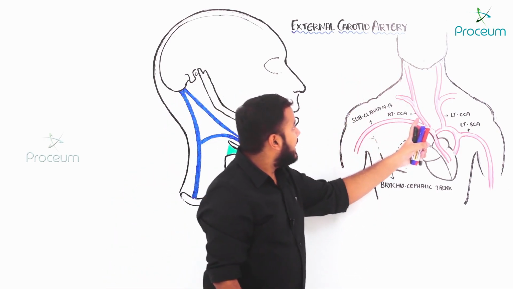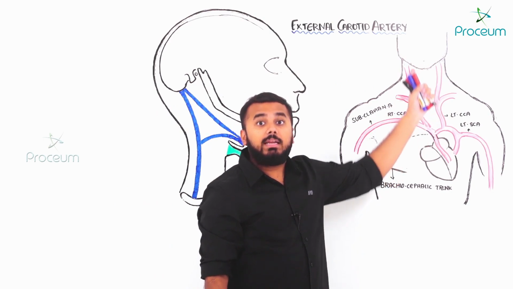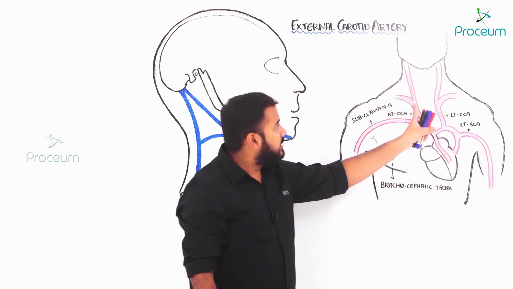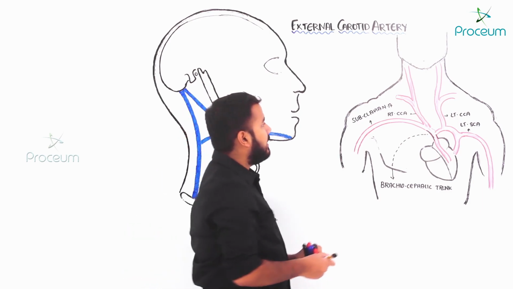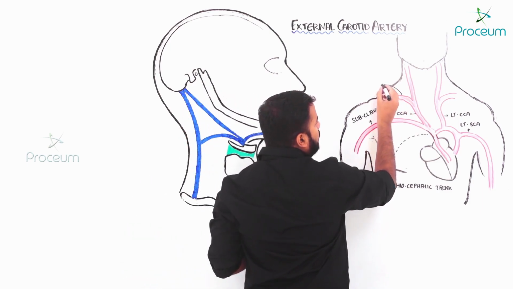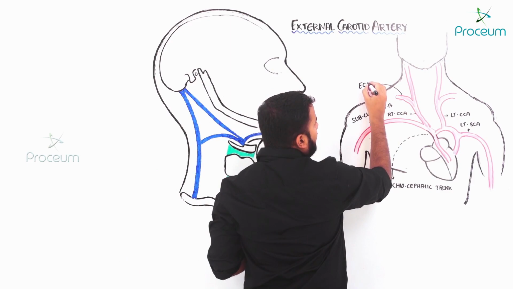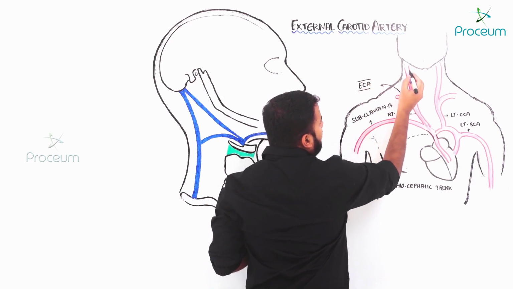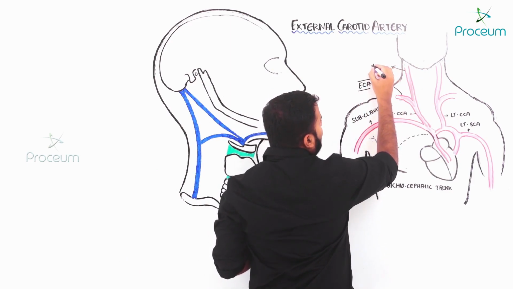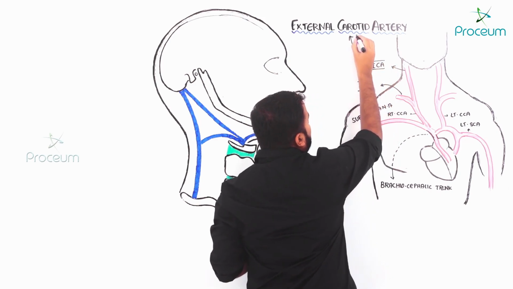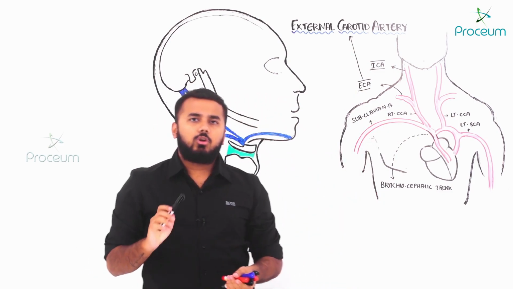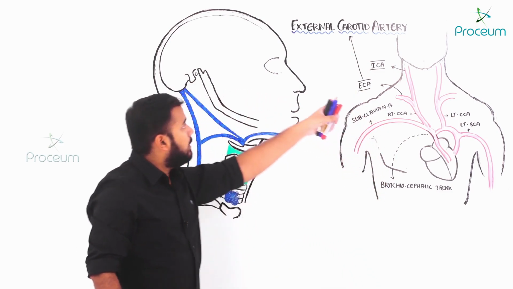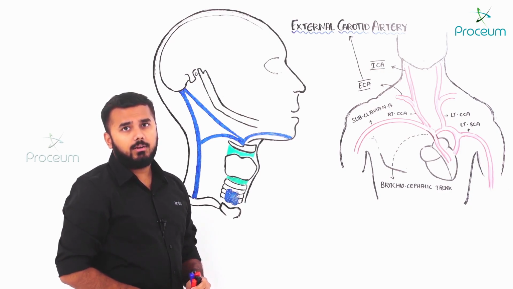The one entering directly into the head is called the internal carotid artery, or ICA. The one going externally outward is called the external carotid artery. The topic of discussion today will be the branches of this external carotid artery.